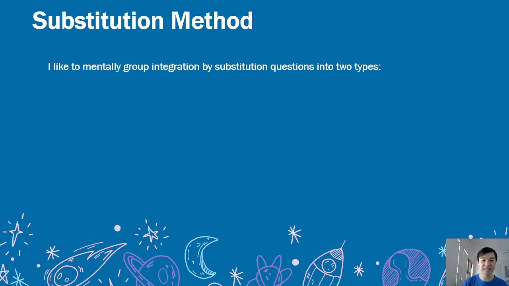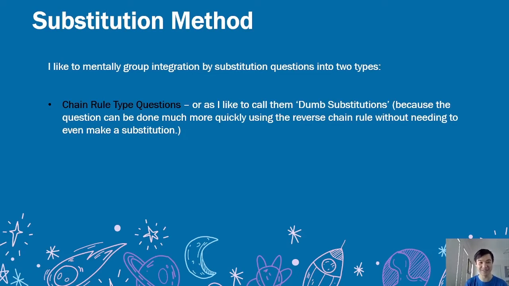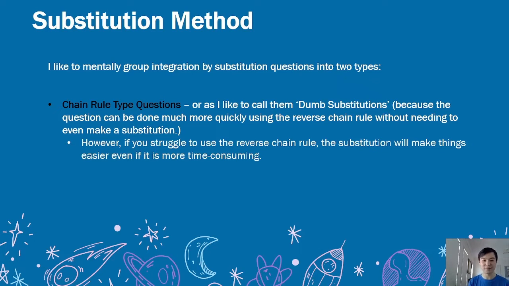So I like to mentally group integration by substitution questions into two types of questions. These aren't really formal classifications. These are just what I personally like to group them in. So we've got chain rule type questions, or as I like to call them, dumb substitutions, because these questions can be done much more quickly using the reverse chain rule without actually needing to make a substitution. I call them dumb substitution questions because you don't really need to use a substitution.